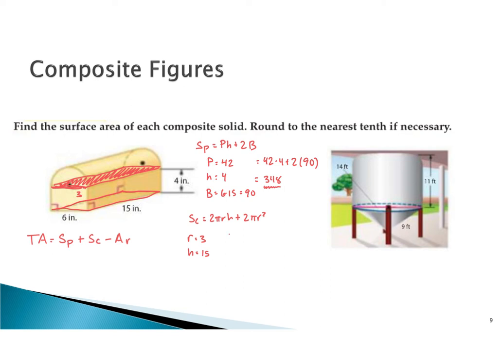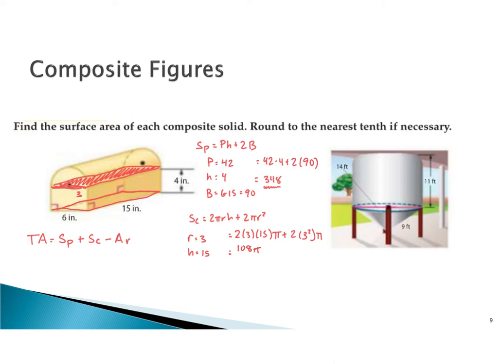I'm going to take these pieces and plug them in. So I have 2 times 3 times 15 pi plus 2 times 3 squared pi. Take all of that and plug it into the calculator, and you're going to get 108 pi. Now pause right here, because as I'm looking at my general equation, I see an error.